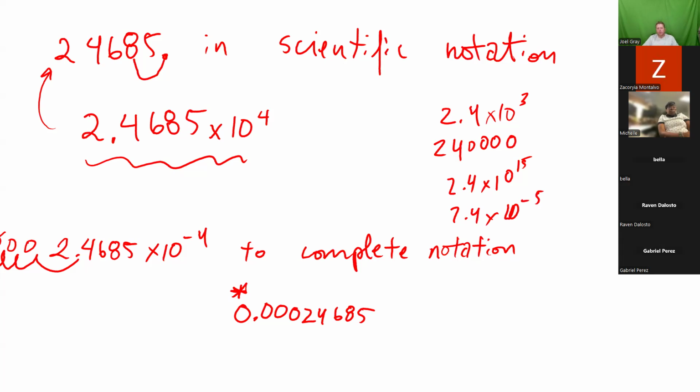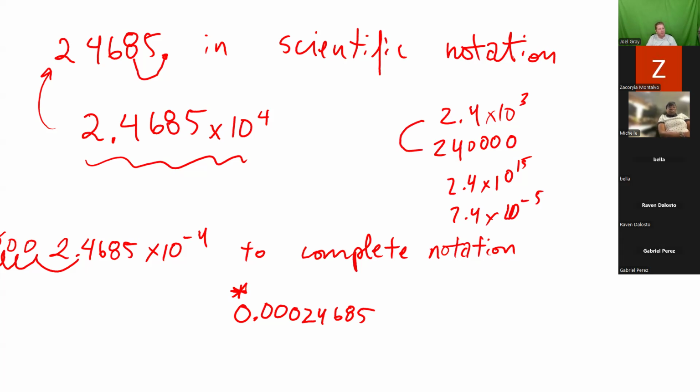Which one of these numbers is the smallest? That would be a reasonable question to ask. Okay, well, the smallest number, okay, we've got 240,000. Okay, noted, got that in my head.